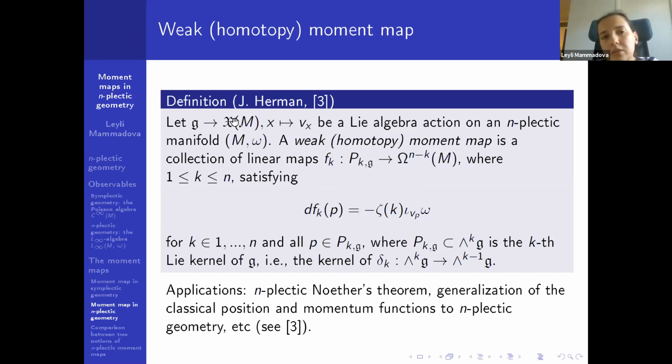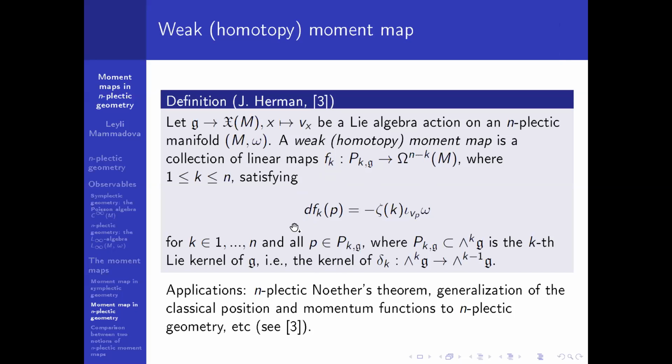And then what Jonathan Herman did, he just took this restriction of a homotopy moment map, and he realized that he doesn't need anything else, and he can actually strengthen this result by giving a one-to-one correspondence between symmetries and conserved quantities, just like in Noether's theorem. So symmetries give conserved quantities and vice versa, and he got a similar result using just the weak homotopy moment map.